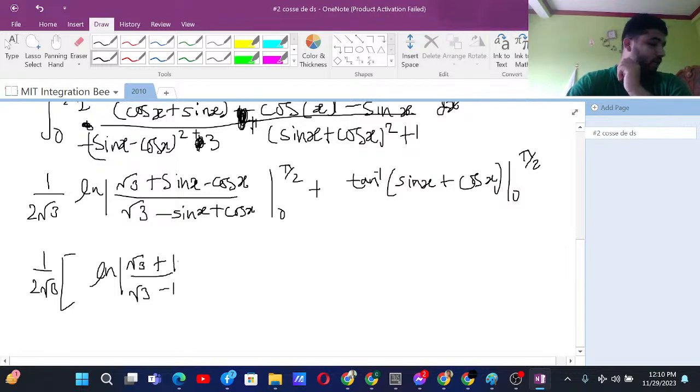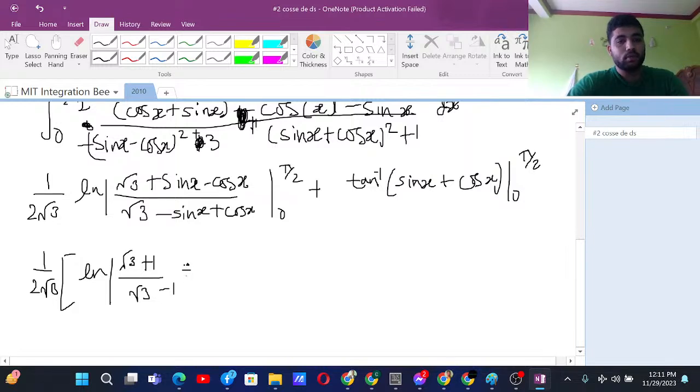So this is what we have at pi by 2, and then minus at 0 we will have, let's just divide, 3 plus 1, and just divide at 0. This will have root 3 minus 1 by root 3 plus 1. Okay, and plus this will be just tan inverse 1 minus tan inverse 1. So that's just 0.